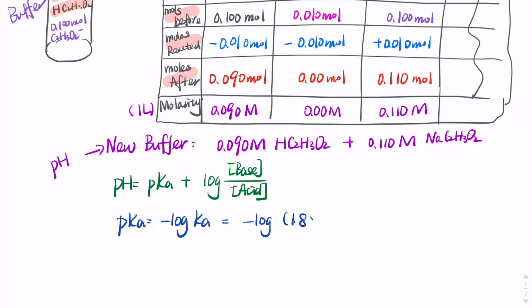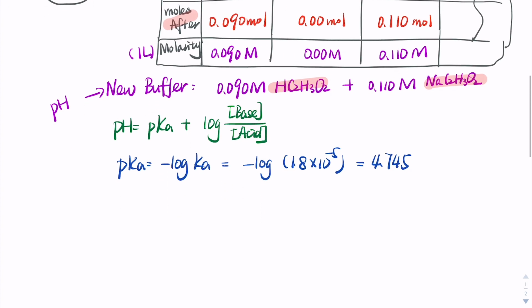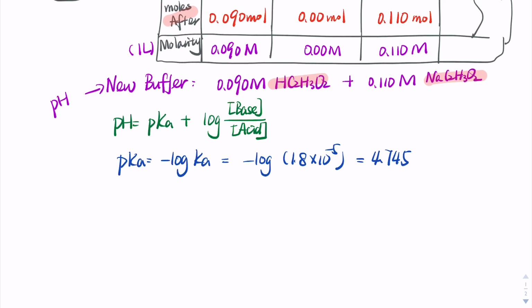The K value is given from the question. It's 1.8 times 10 to the power negative 5. After you do this calculation, the value turns out to be 4.745. So that's your pKa value, and then the base is the conjugate base. We talk about the concentration. Acid is right over here. We already know it, and then you just need to use the Henderson-Hasselbalch equation to finish the calculation.